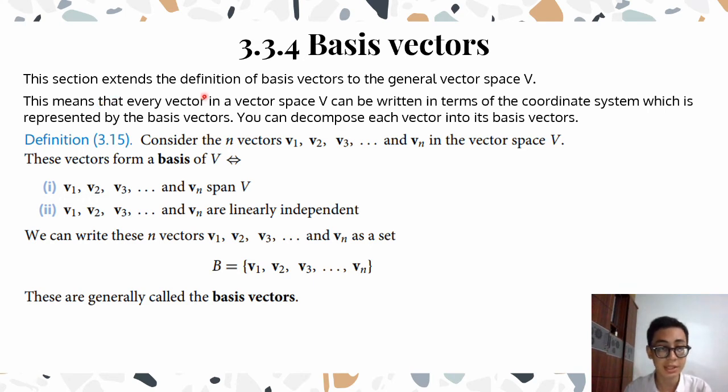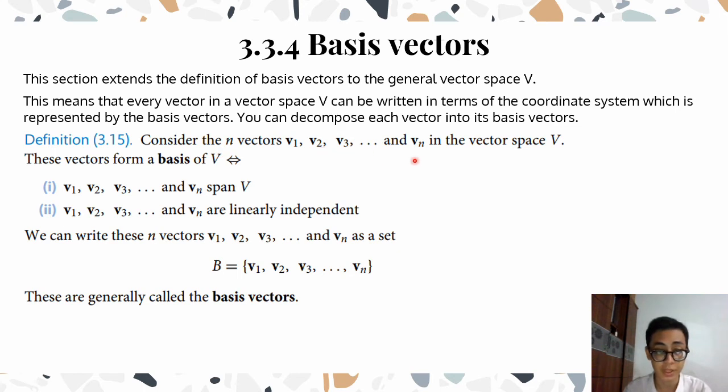3.3.4 Basis vector. This section extends the definition of basis vector to the general vector space V. This means that every vector in a vector space V can be written in terms of the coordinate system which is represented by the basis vectors. You can decompose each vector into its basis vectors.